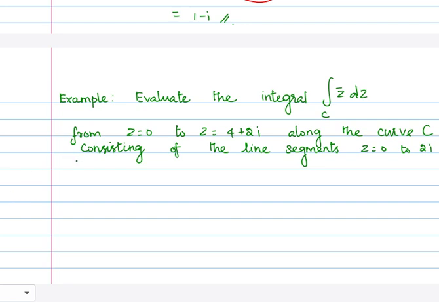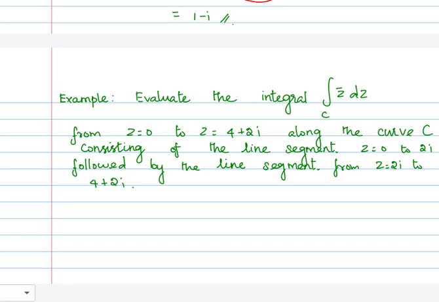Then followed by another line segment from z equal to 2i to 4 plus 2i.